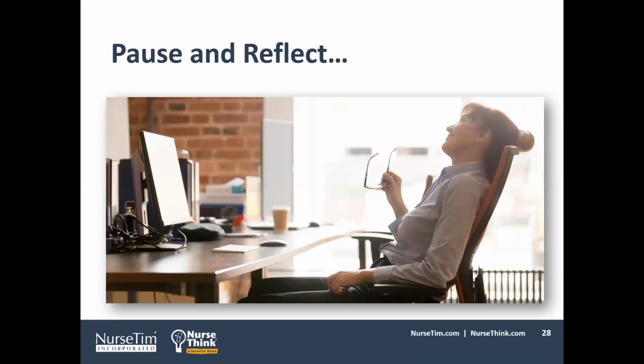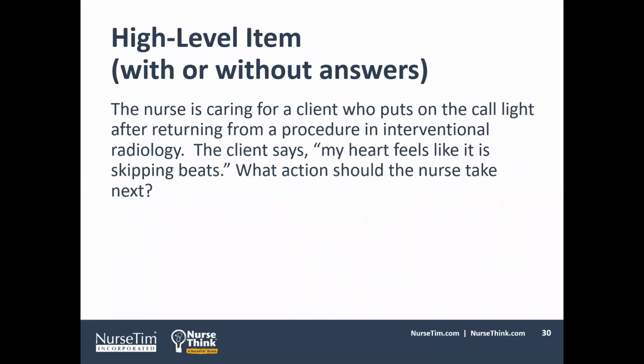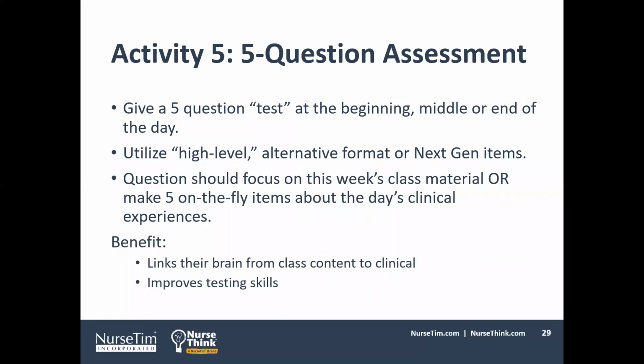So the last example that we've got today is what I call a 5-question assessment. What I do with this is I give students a 5-question, quote unquote, test at the beginning, middle, or end of the day. And these questions could be a variety.